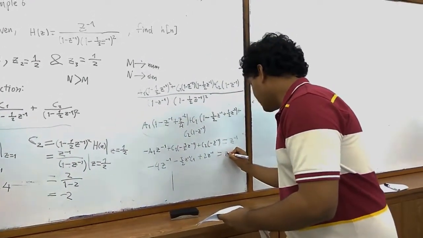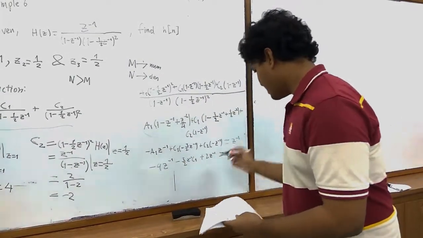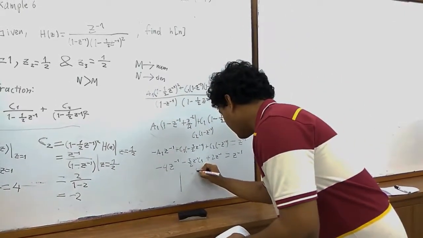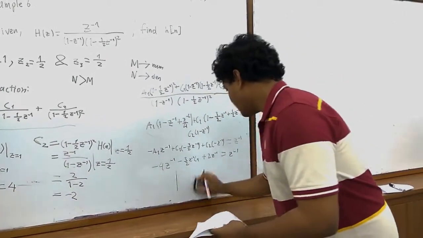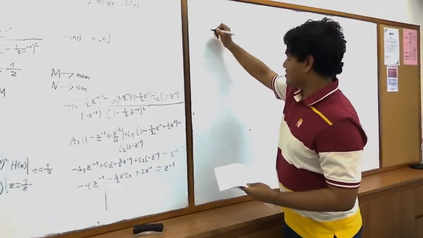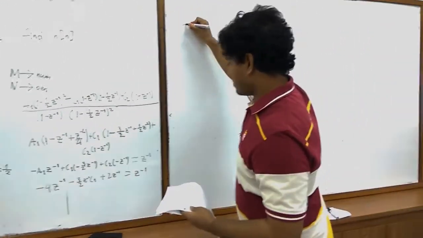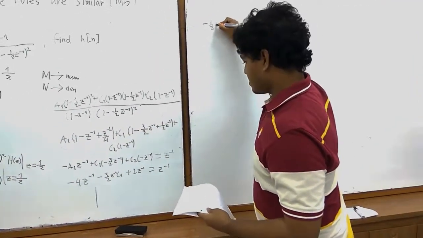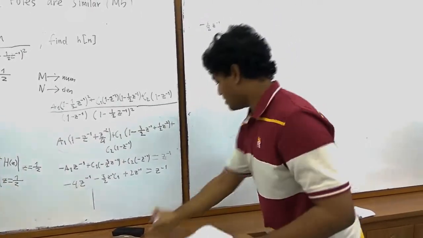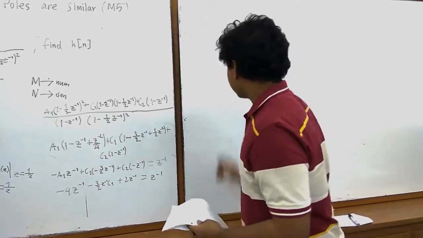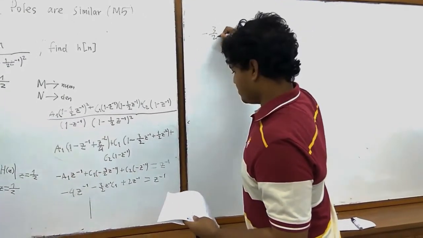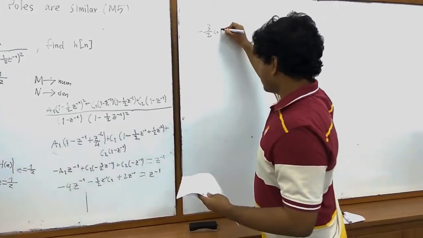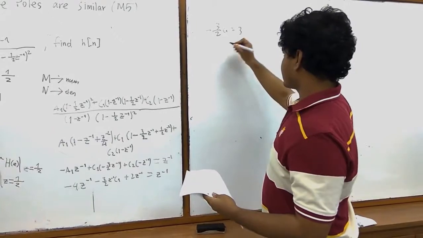Okay, so Z minus 1, you can cancel Z minus 1 on both sides, and then you take the 2 and 4 to the other side. So minus 3 over 2 C1. After you take the minus 4 and minus 2 to this side, we get 3.